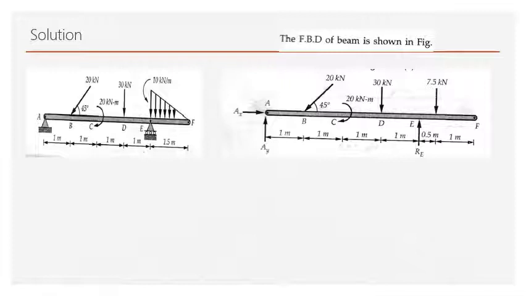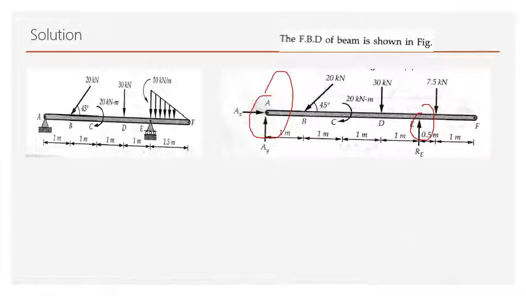If we take the moment about the end A, what happens? AX and AY do not produce any moment, right? Those are unknowns, and we are eliminating those. So if we take the moment about the end A, RE does not produce any moment. Yes, of course, AY produces the moment, but RE does not produce the moment about the end A as the reaction passes through the moment center.